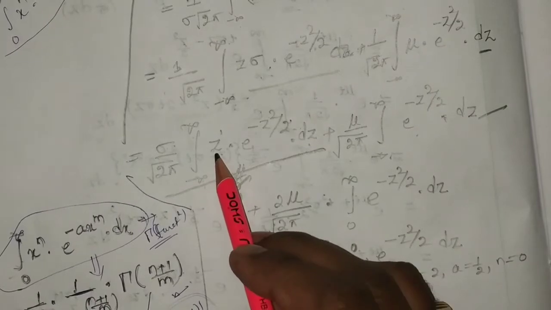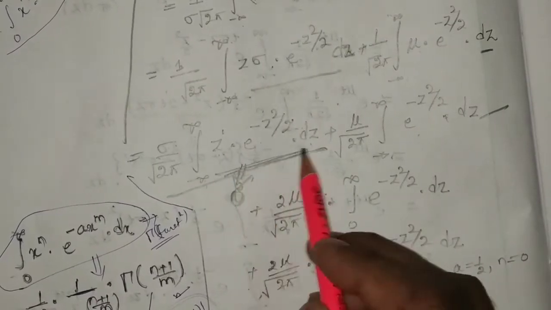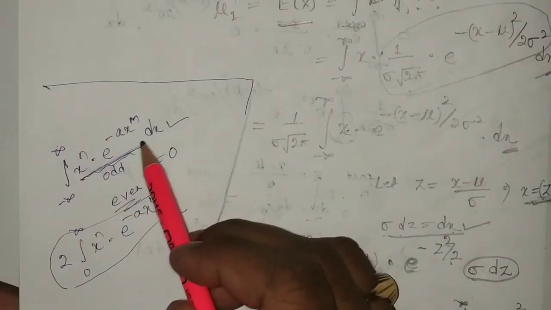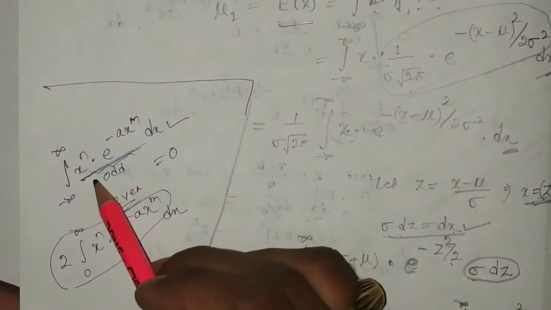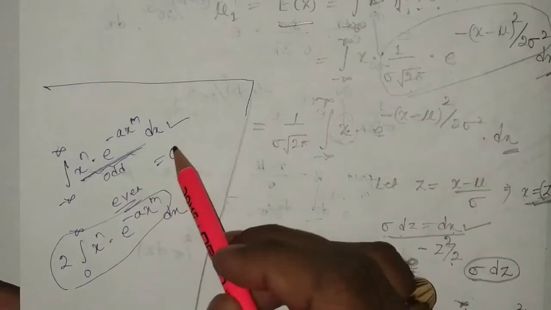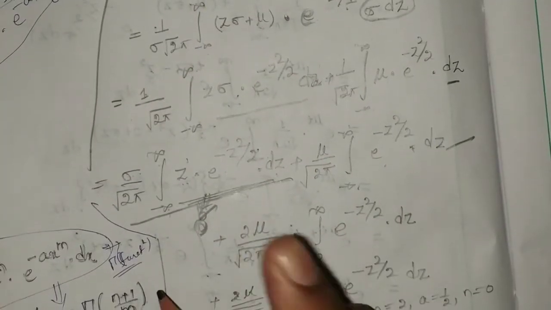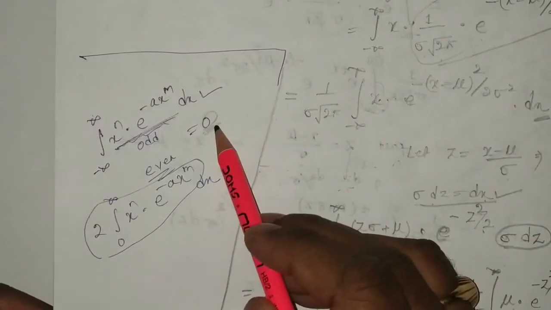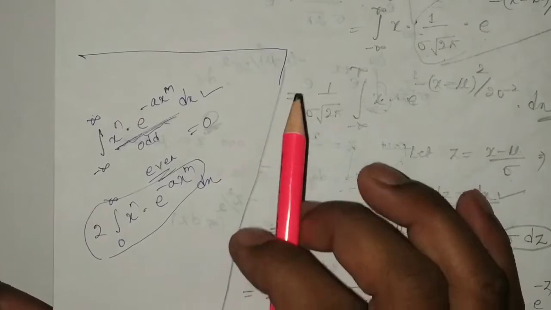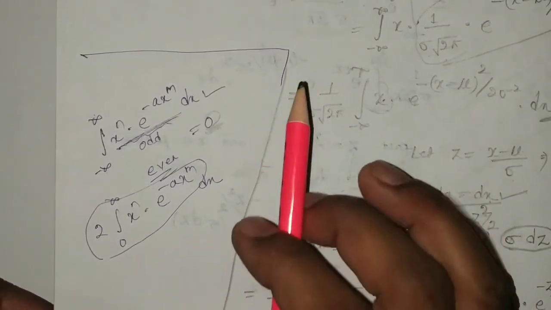So odd into even, the whole function is an odd function. As I told, if the function is odd, you can directly write 0, so this will be 0. Again I am recalling, for how it will be 0, I have a special integration video on my channel, maybe you can go through that.